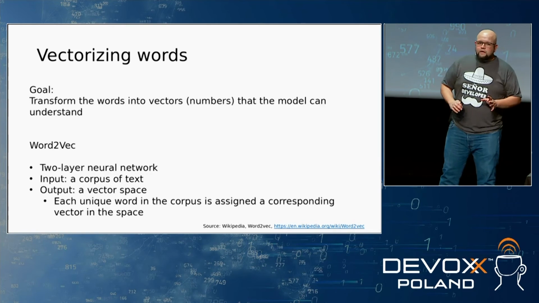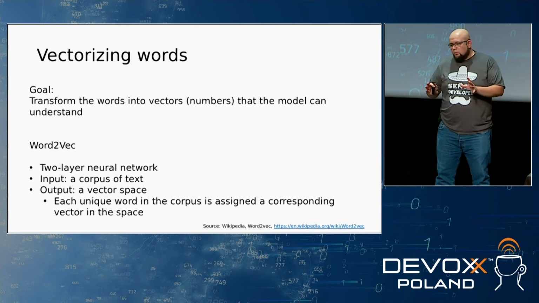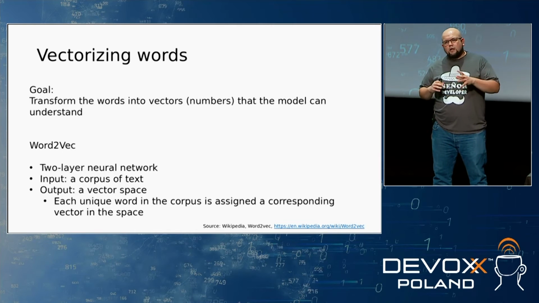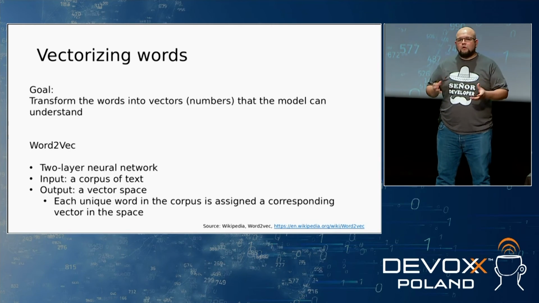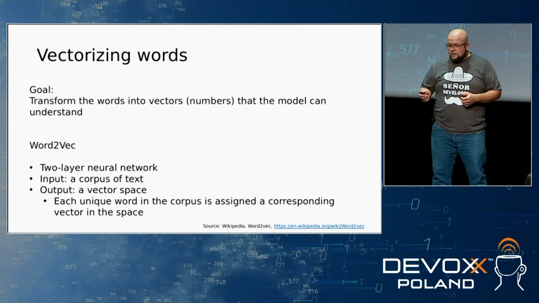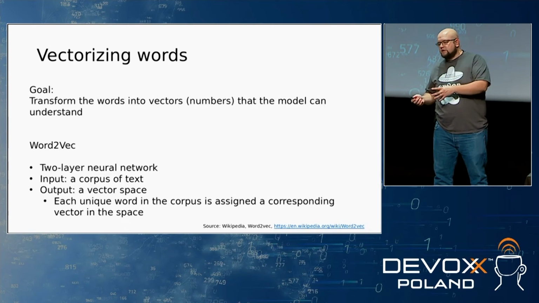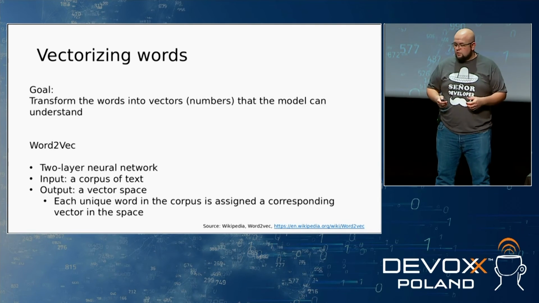So what does vectorizing words mean? The idea is that you need to transform the words into numbers that the model can understand. In this case, we will use word2vec, which is a two-layer neural network. It uses an unsupervised approach.